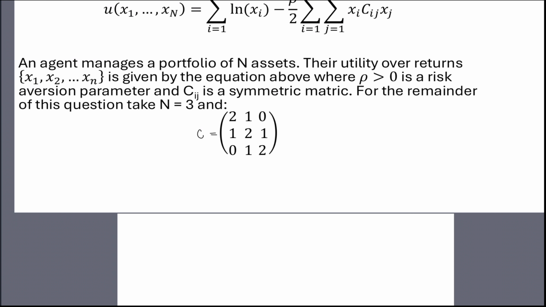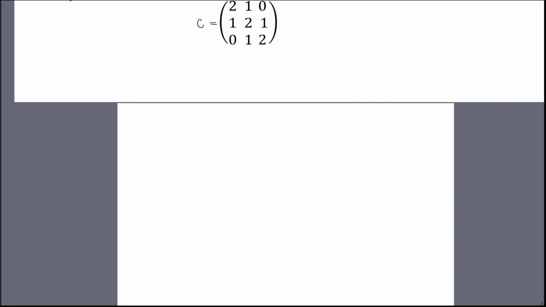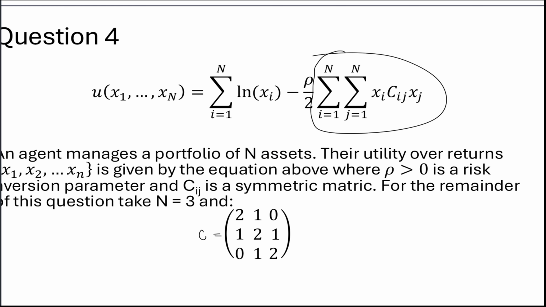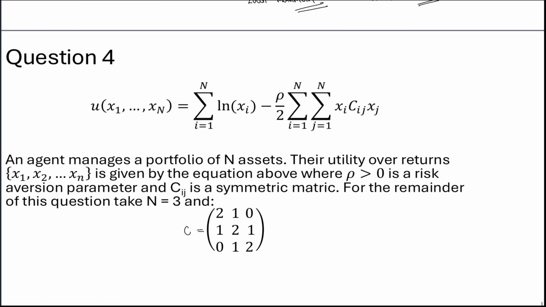first is just look at this little sum problem here. So what this equation is saying is we're looking at the utility over some returns. So this would be the return of the first asset, then the second and the third all added together. And then over here, we've got two sums of xi, then a matrix, and then xj.